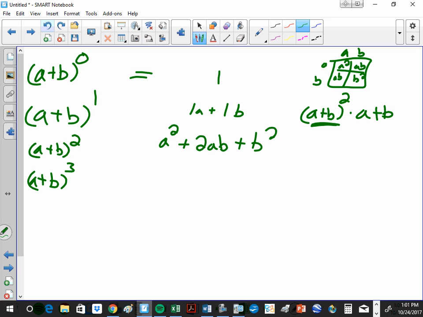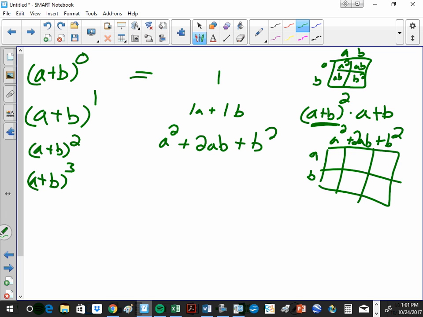So if I draw a box and I put a, b on one side and a squared plus 2ab plus b squared, that would give me a to the third plus 2a squared b plus ab squared, and then a squared b plus 2ab squared plus b to the third.